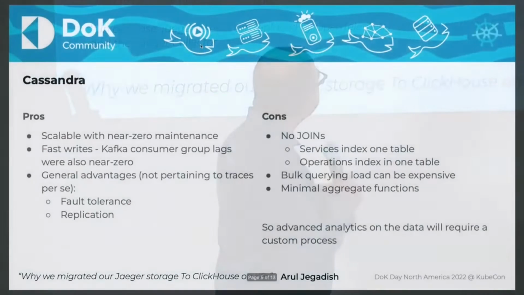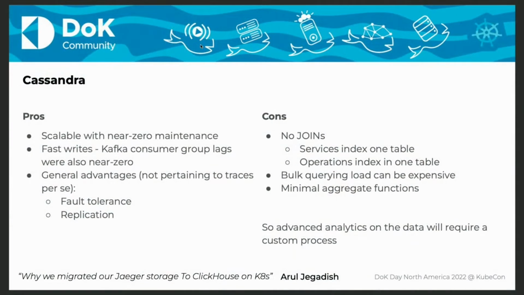Next slide, please. A little bit about Cassandra's advantages and disadvantages. With Cassandra, the ingestion was really fast. We were using Kafka, and the lag on the Kafka was almost zero. So the ingestion was really good. But on the disadvantages side, we couldn't do much analytics on the data.